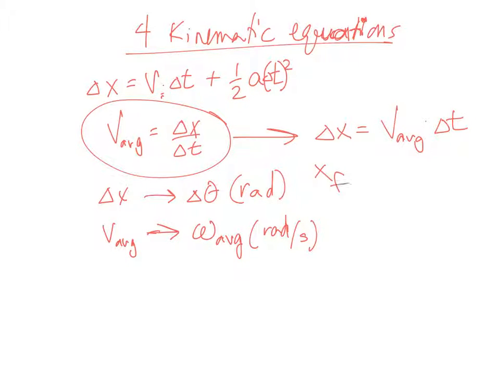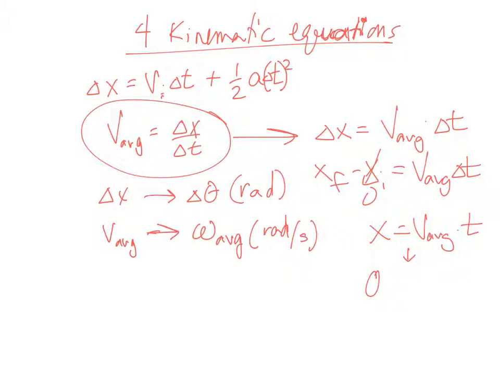But if I assume my initial position is 0, then I can just say x equals average velocity times time interval. The rotational analog to that is the angular position at any moment in time is equal to the constant, because our turbine is going to be rotating at a constant rate, our angular velocity times time.